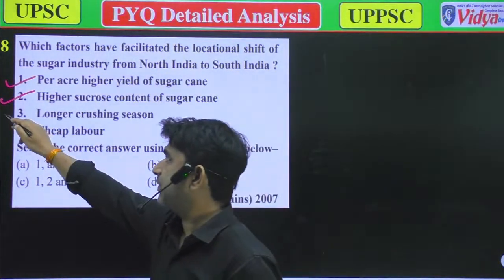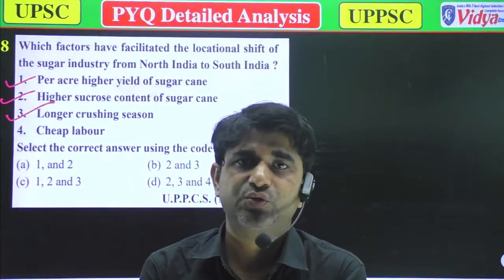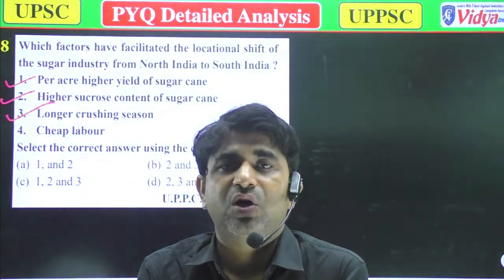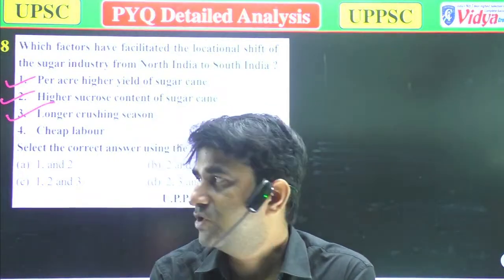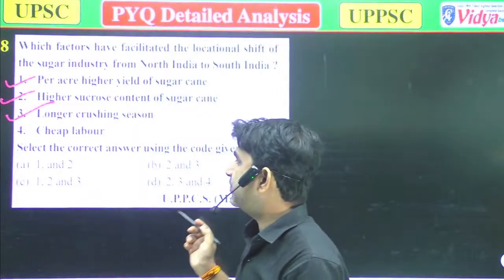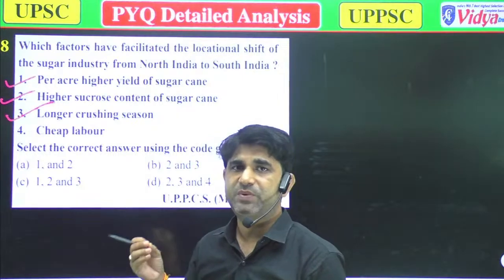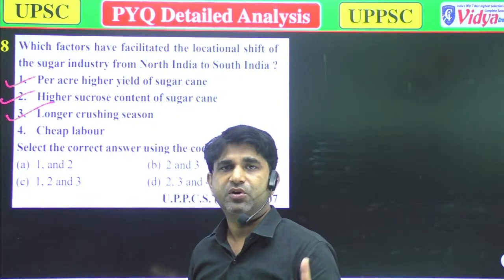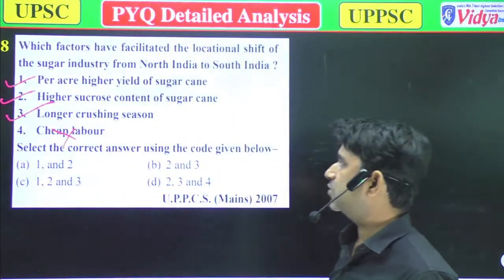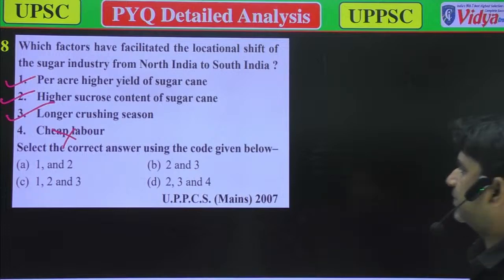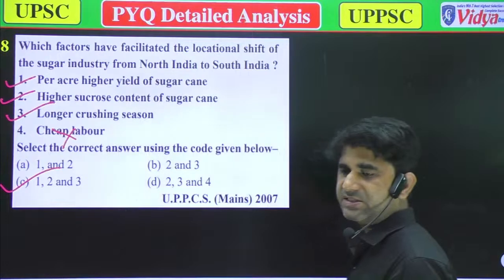That's also true, because those areas have high-yielding sugarcane, so they have longer crushing seasons. Fourth is cheap labor. No, because in the southern area there is no cheap labor. Cheap labor is generally found in the northern belt, mainly in UP and Bihar. So option 4 is not there; it is 1, 2, 3. So option C is correct.